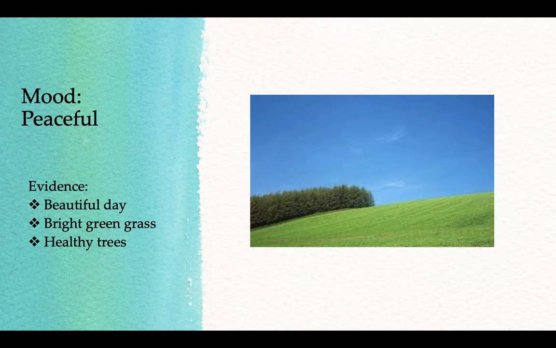If I said that the mood was gloomy, and you saw this picture, we would have some disagreement for sure. There's no evidence of the fact that this is gloomy. None of the typical things that would create a gloomy feeling are in this picture. So tone and mood need to have some kind of evidence to support them.